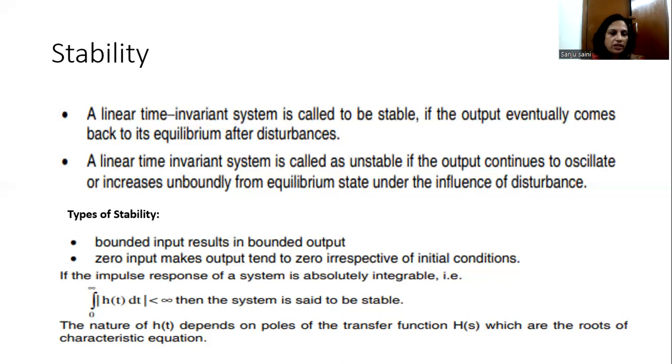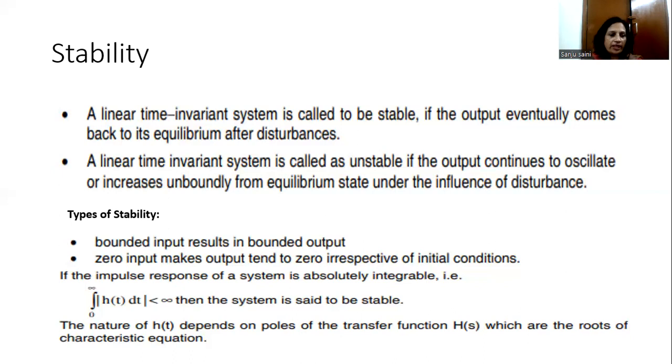This can also be expressed in terms of the impulse response of a system. The output is said to be bounded if the impulse response of the system is absolutely integrable. That is, the integral of h(t) dt comes out to be less than infinity.